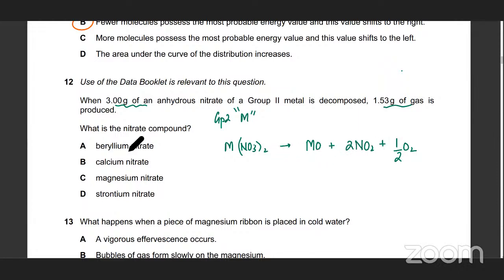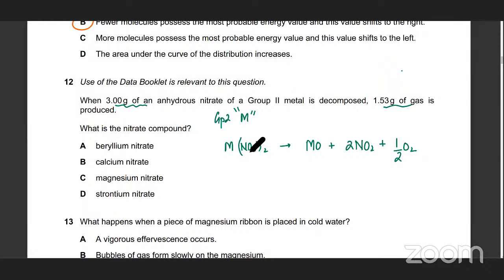Okay, remember, one way is you take beryllium nitrate, 3 grams लो, or देखो कि figure this out कि 1.53 grams of gas is being produced or not. लेकिन that would be time consuming because you would have to do it for every one of them. और फिर जिसके साथ ना 1.53 grams of gas is being produced, that would be the right answer.